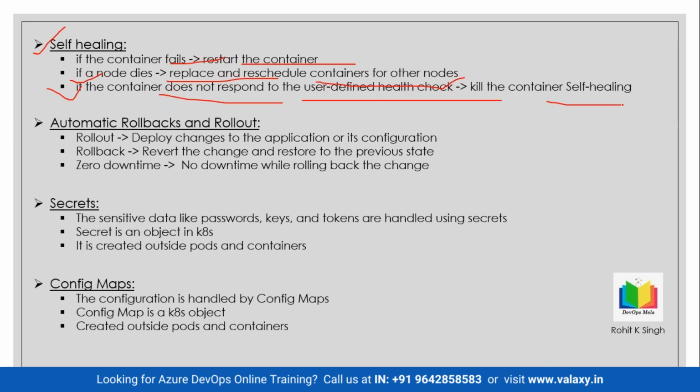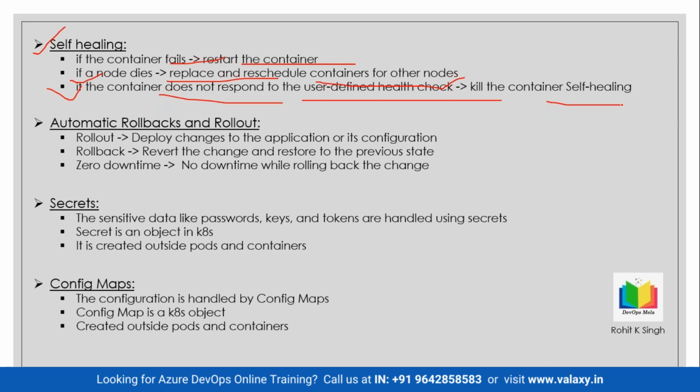So you have a user defined health check that pings the container every 5 minutes, just to make sure the containers are up. Now, if your container is not responding to your health check, it will kill that container and create a new one for you. This self-healing feature happens automatically by default. That is the nature of Kubernetes.